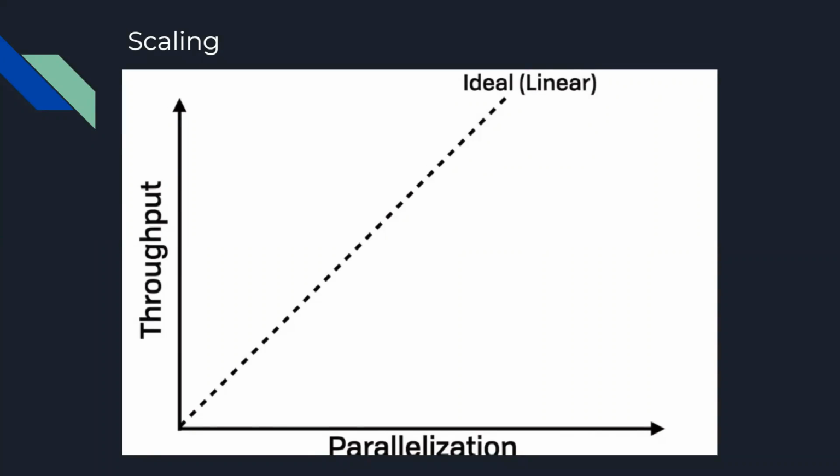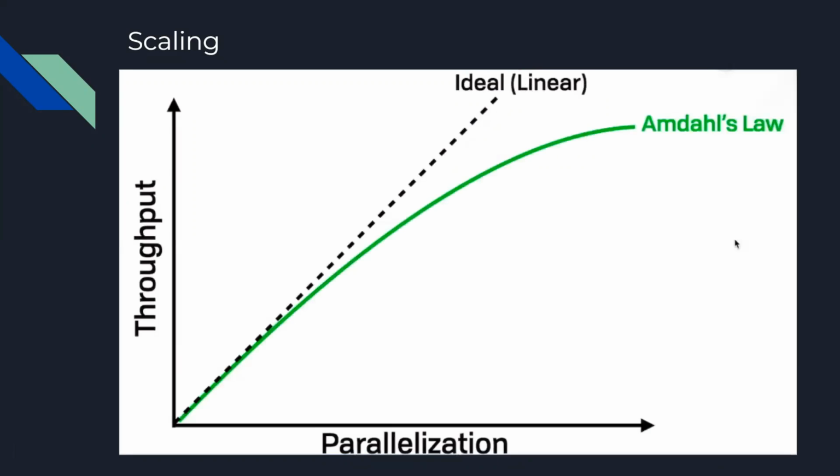That's what parallelization means. So this is what we'd prefer, but that's not the case. According to Amdahl's law, by a very smart computer scientist, this is generally what happens. But in truth, it's even worse.